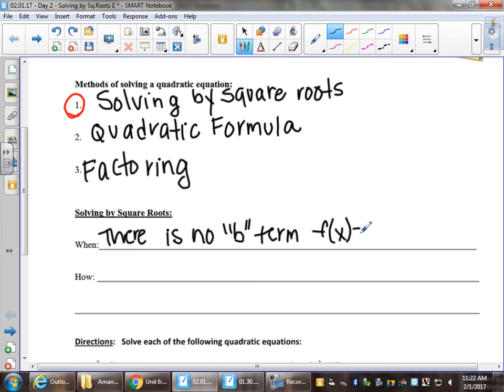So it looks like this. When there's no b term, it has the x squared term, not the middle x term. So this whole part is crossed out.